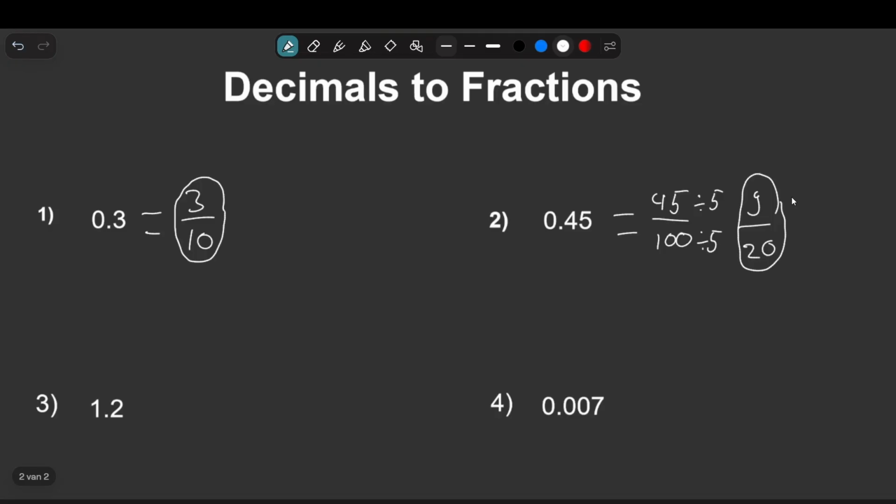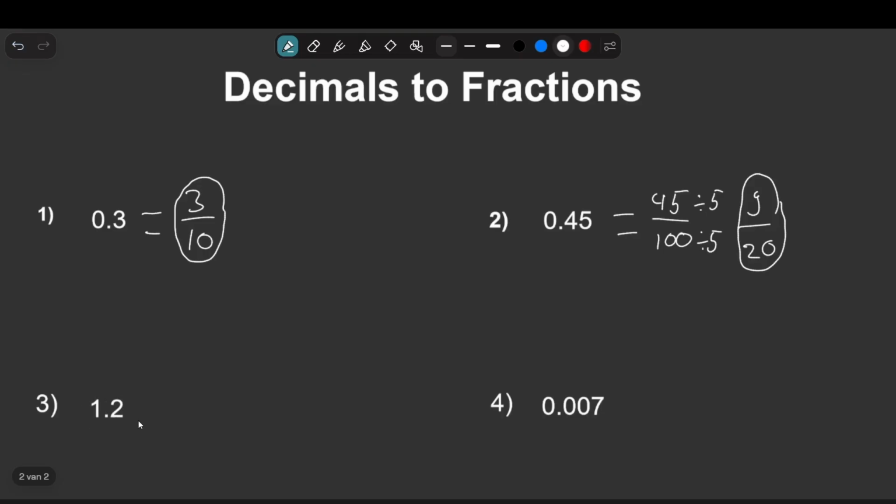Now let's go over to our third example, where we have 1.2. So 1.2, now we have to turn this into a fraction. This time, we have a whole number in our decimal. So this means that our numerator is probably going to be bigger than our denominator. So let's look at the decimal.